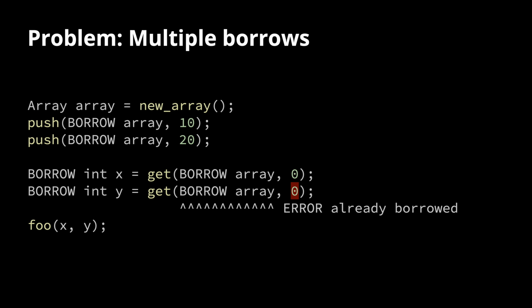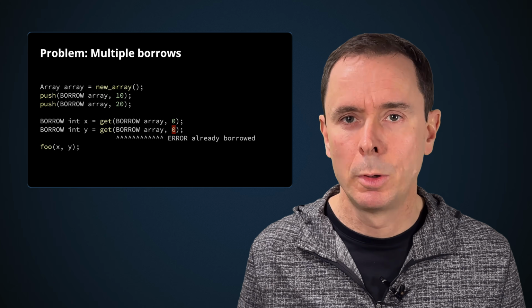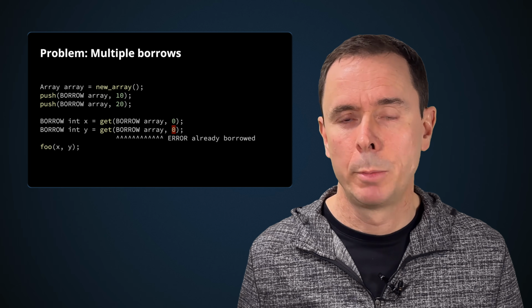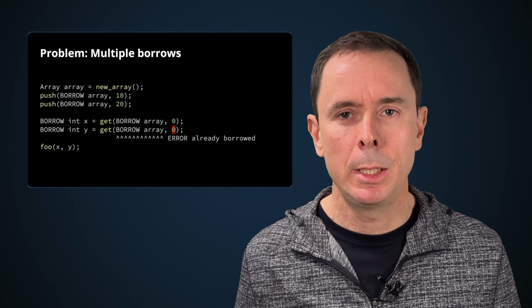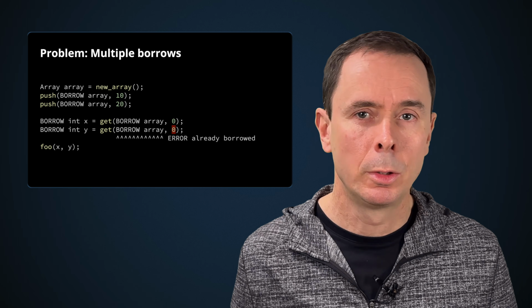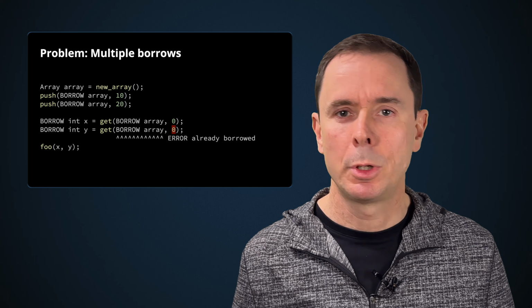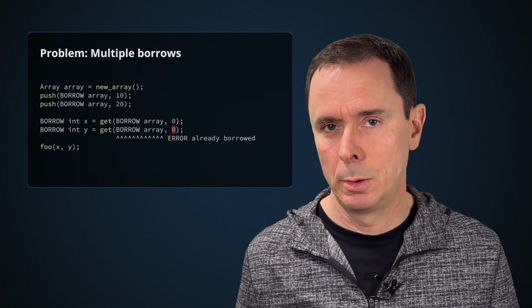The compiler can't know that passing index 0 and index 1 will give disjoint borrows of different items. And in general, those indexes might be calculated from other state, etc. The compiler doesn't need to understand what happens inside the get function to check this code that calls it. It just knows get takes a borrowed array and it returns a borrowed reference, so array is borrowed for as long as x is in use.